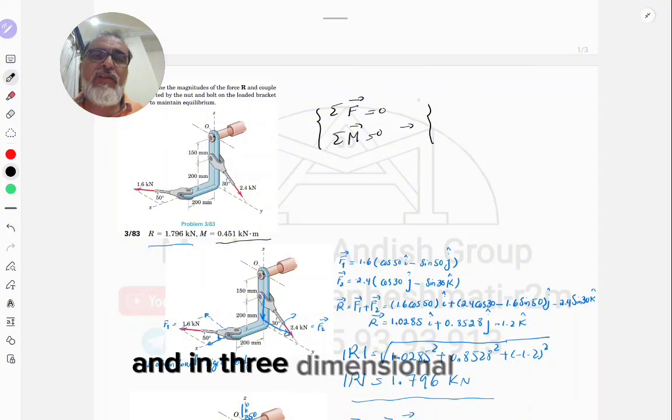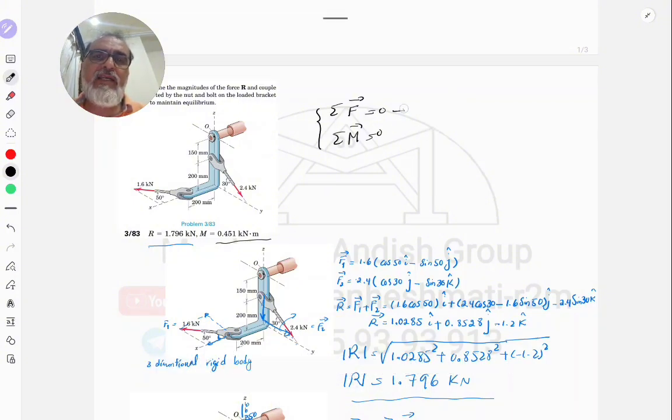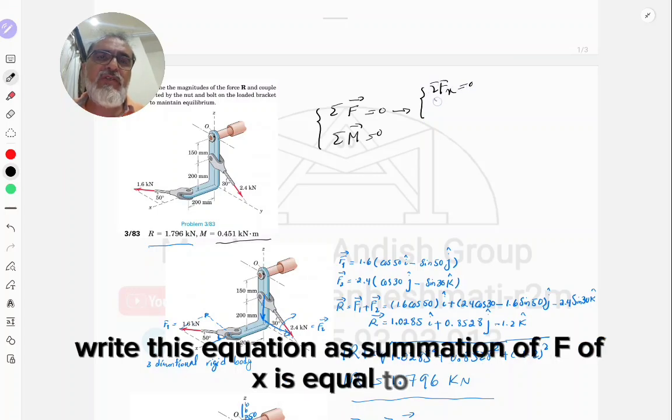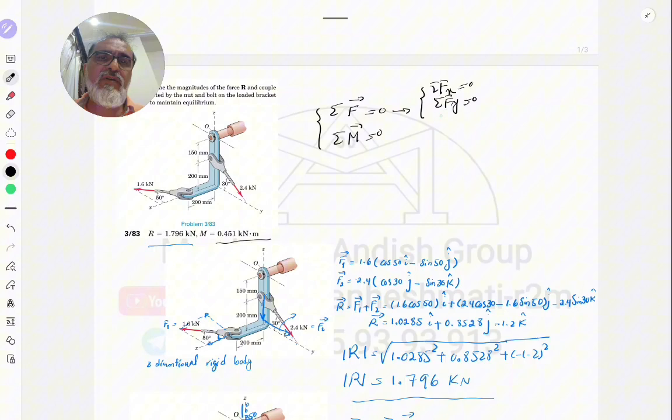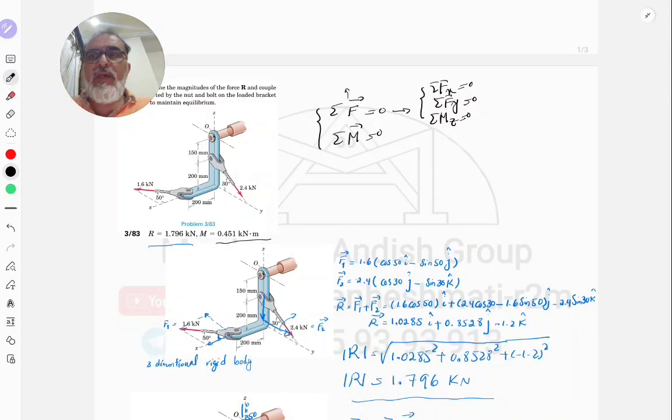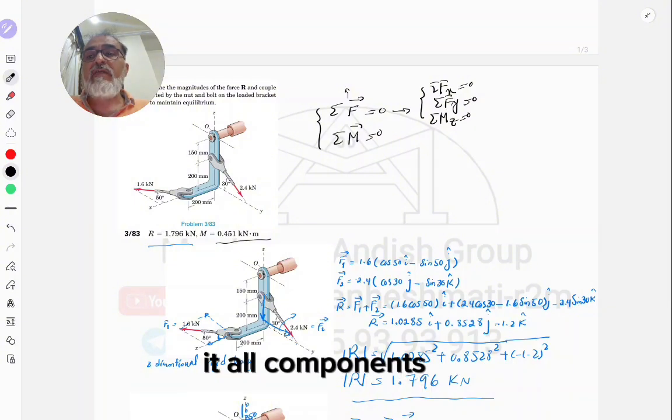In three dimensions, we can write this equation as summation of Fx equal to 0, summation of Fy equal to 0, and summation of Fz equal to 0, because F has 3 components, and if F was equal to 0, all components of F would be 0.